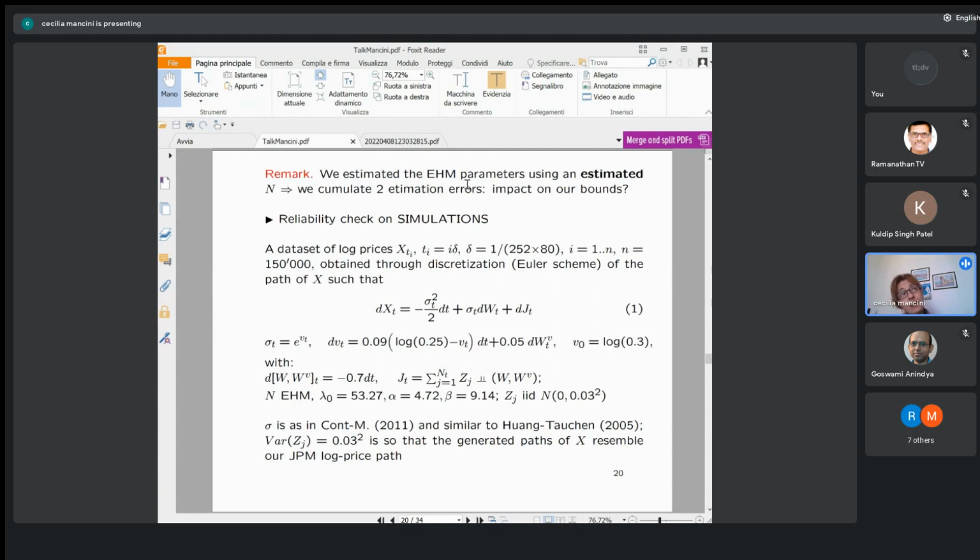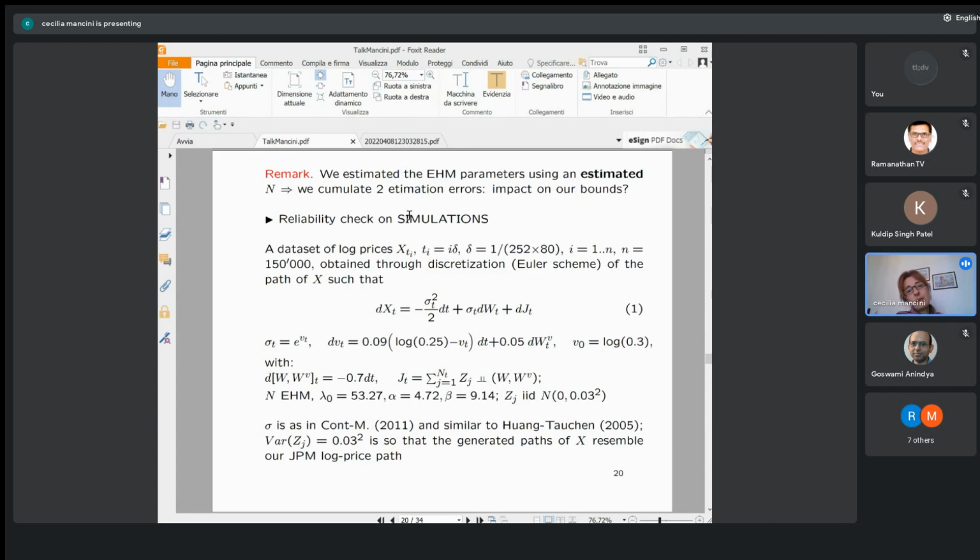But we have estimated the parameters of the Hawkes model from estimated n. So we have two types of errors: the error of the estimation of the parameters of a Hawkes model, and the estimation error in the threshold technique. So we wondered whether the accumulation of these two types of errors could render our formulas not useful.